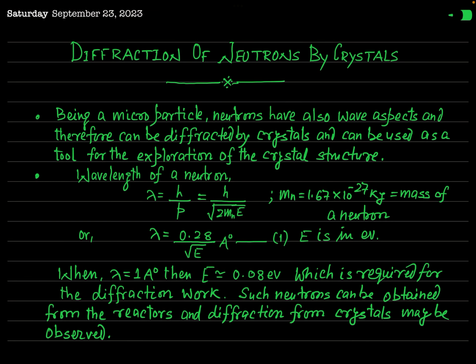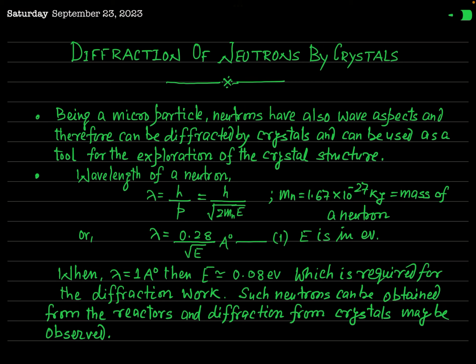You know that neutrons are microparticles, and according to de Broglie's hypothesis, a wave packet is always associated with any microparticle in motion. So definitely if neutrons are microparticles, we cannot neglect its wave aspect.